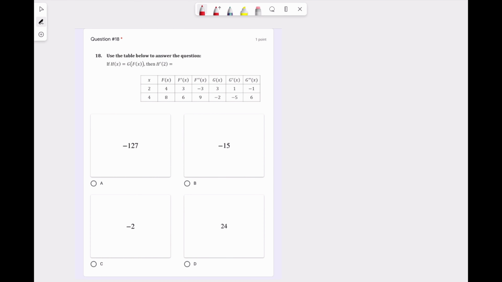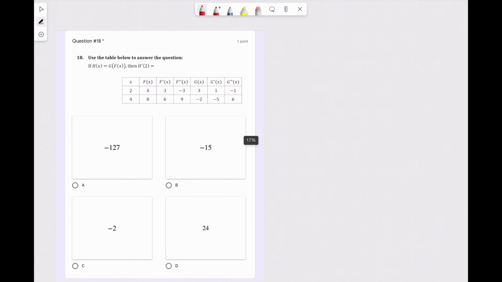Right, number 18, use the table below to answer the question. We have h of x is equal to g of f of x, and we want to find what h prime of 2 is. So we need to find the derivative of h of x.